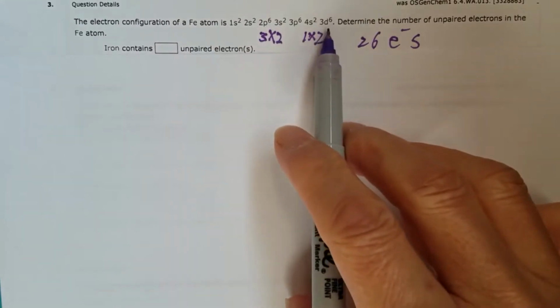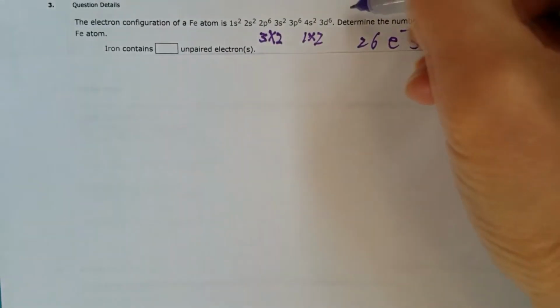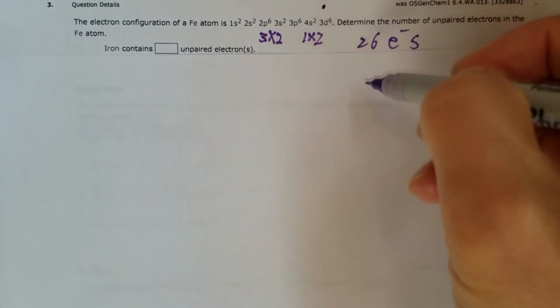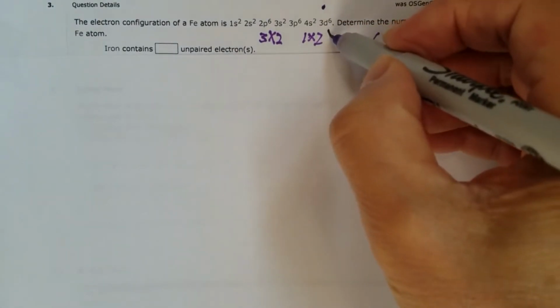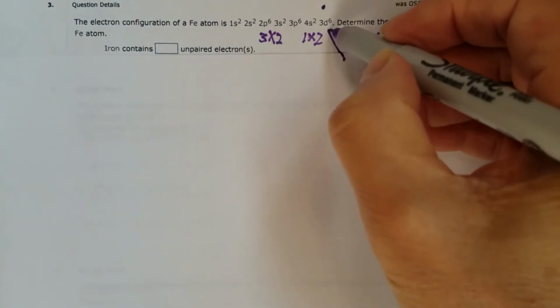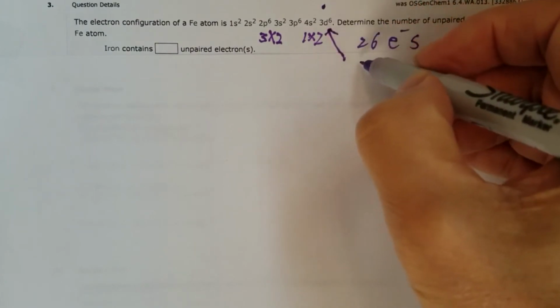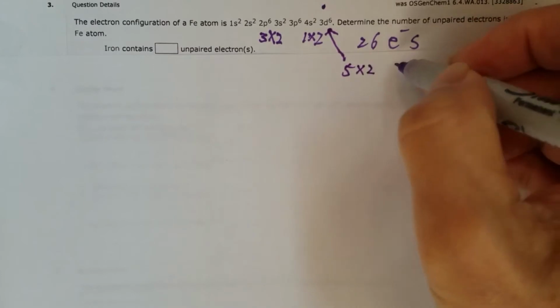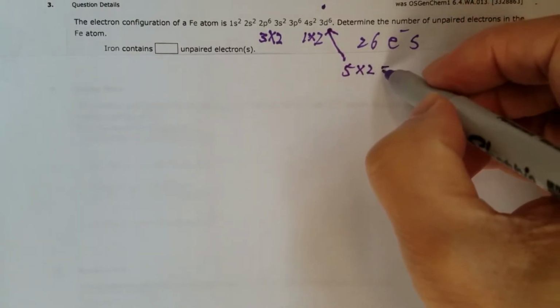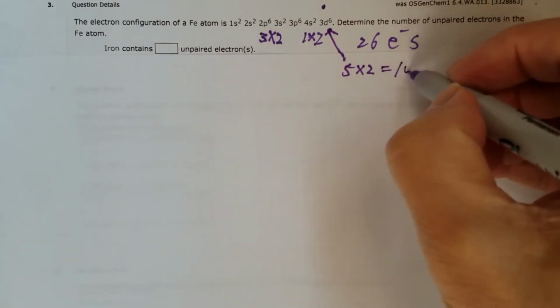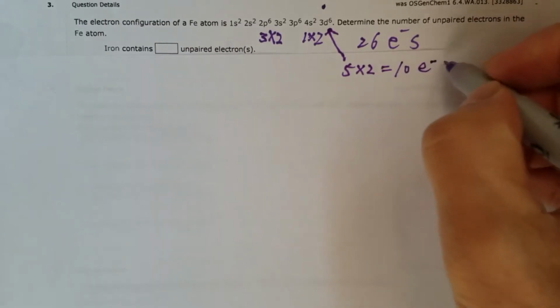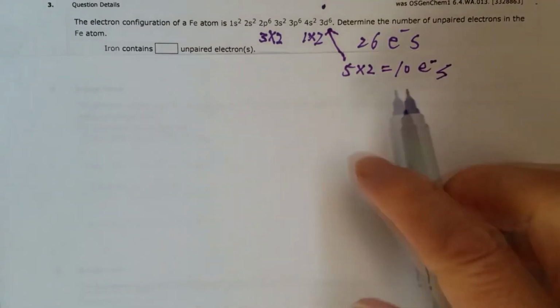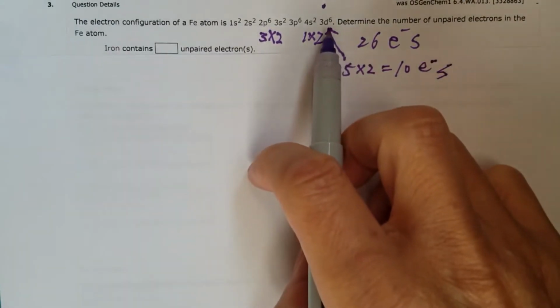Then how about the d shell? How many orbitals are in there? 5. And together they can accommodate a maximum of 10 electrons. But you may not have that many electrons to fully fill the 3d.